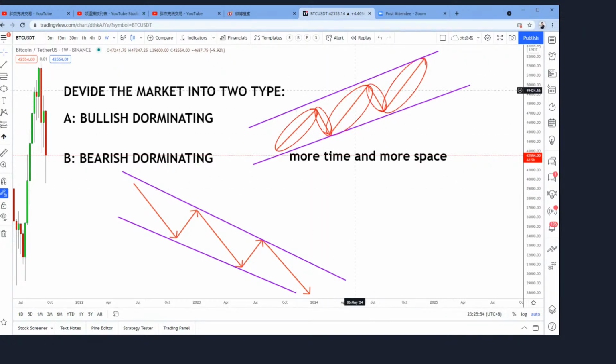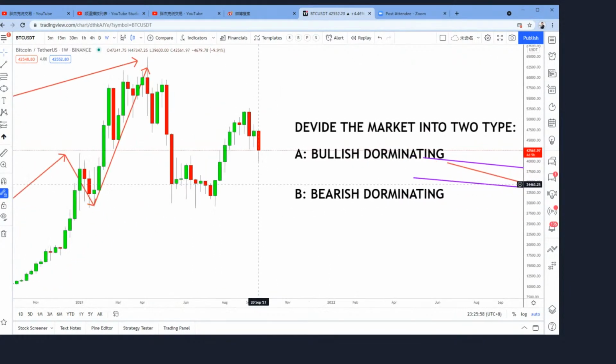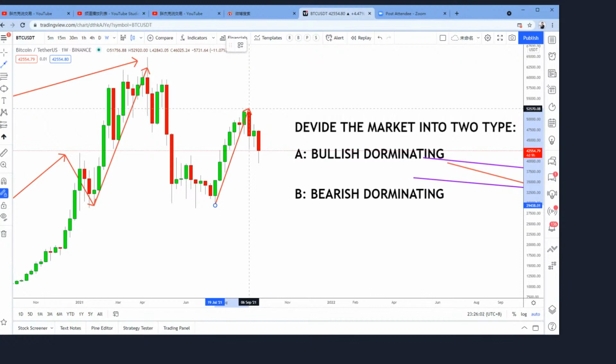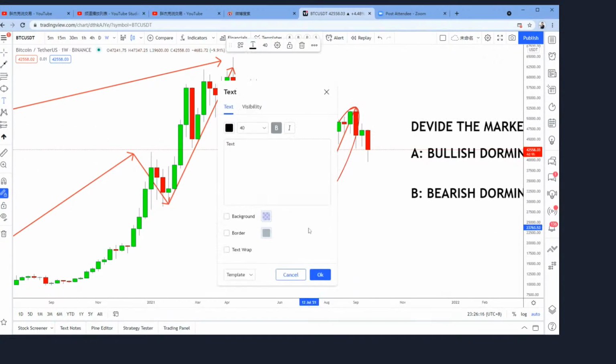If you apply this logic, where are we now? My first question is, can you treat this whole wave as a very strong bullish dominating wave? If you do agree, you can type 3 on the screen. Listen to my question carefully.